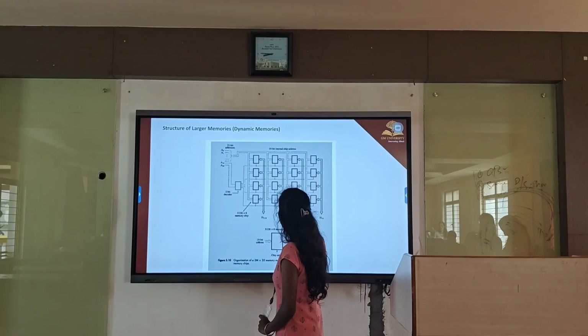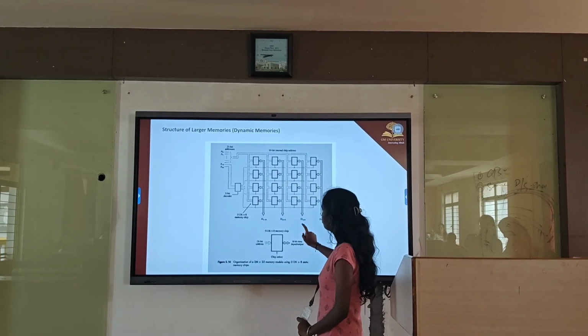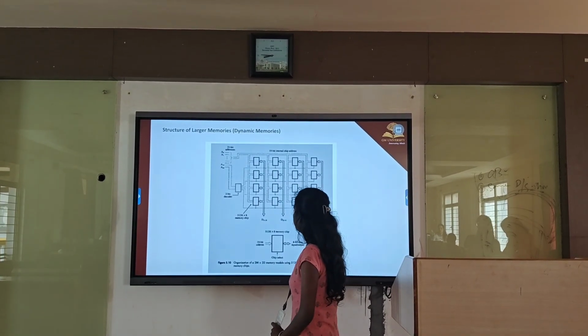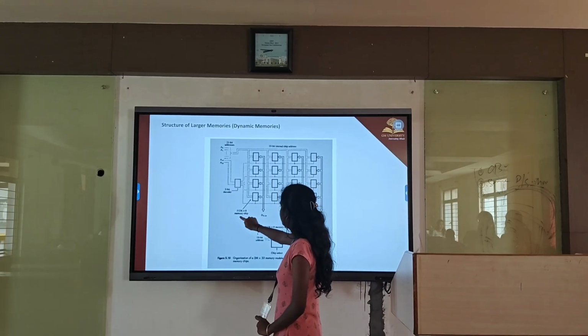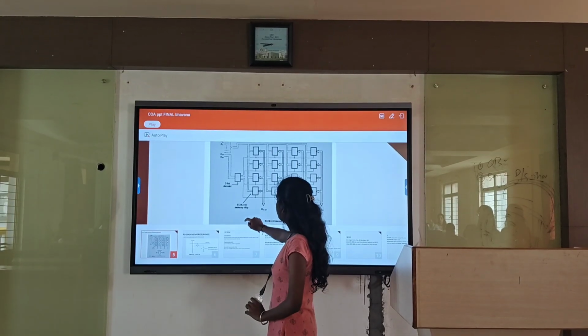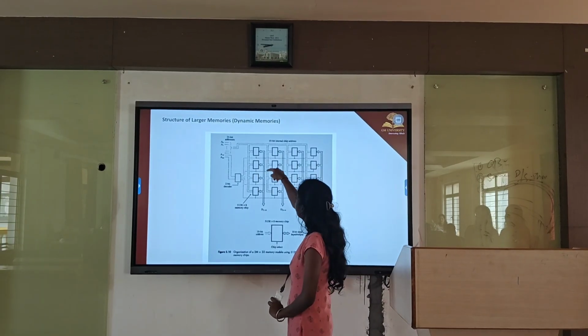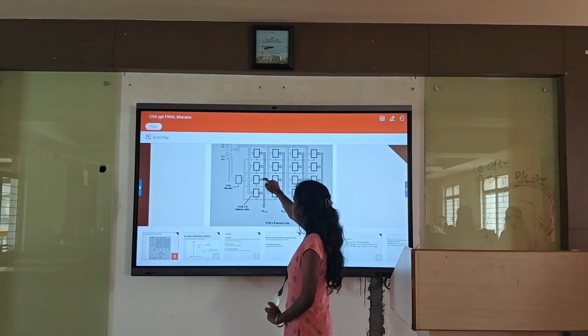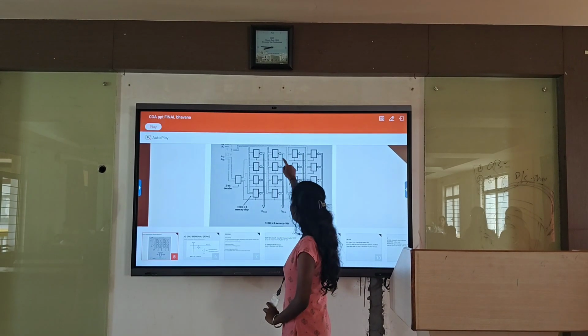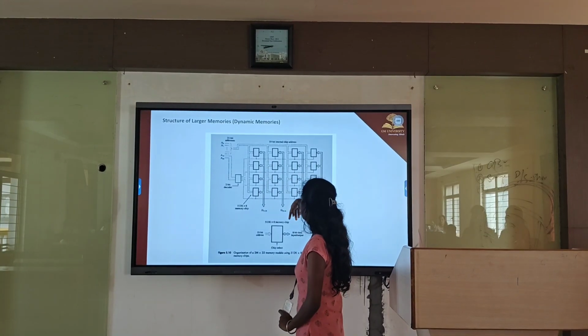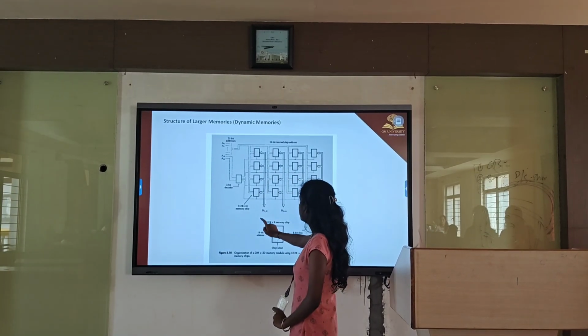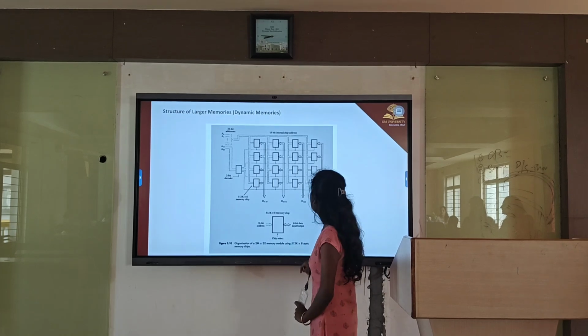It uses smaller SRAM chips to generate a larger memory. Each contains 512K by 8 memory chips. Each group of 4 generates 4 parallel lines, and together they give a 32-bit output.